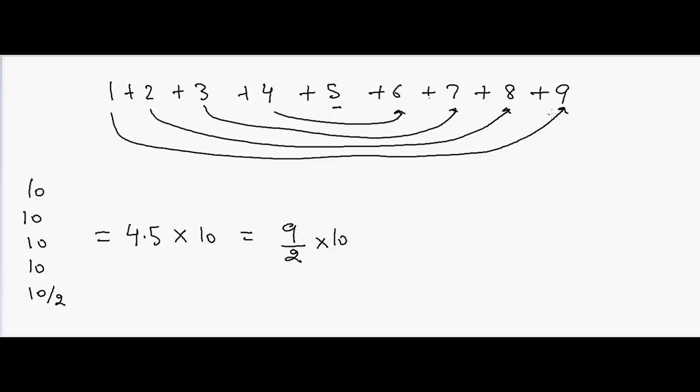So what's the 9 here? 9 here is the last digit, so we can write it generally. Suppose I have to add 1 plus 2 until x, we can write this as x into x plus 1, divided by 2. We can use this formula for any kind of sequence.